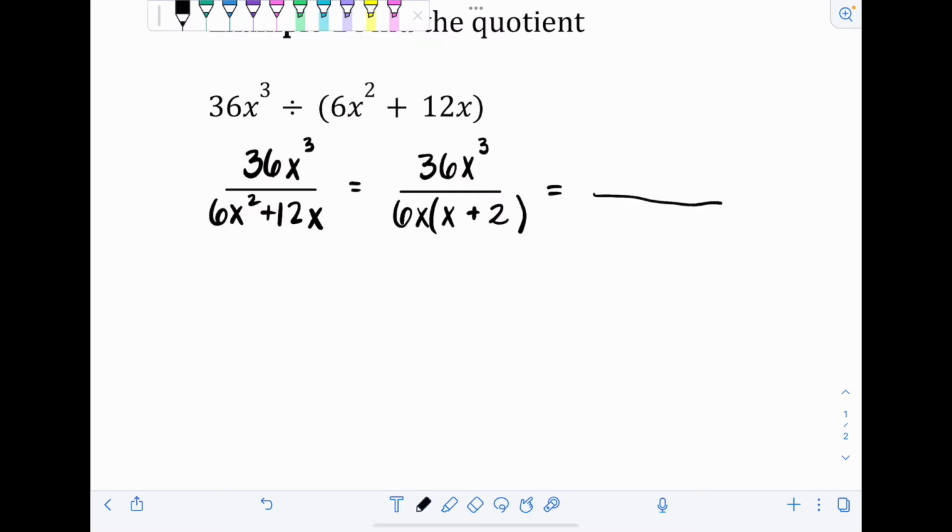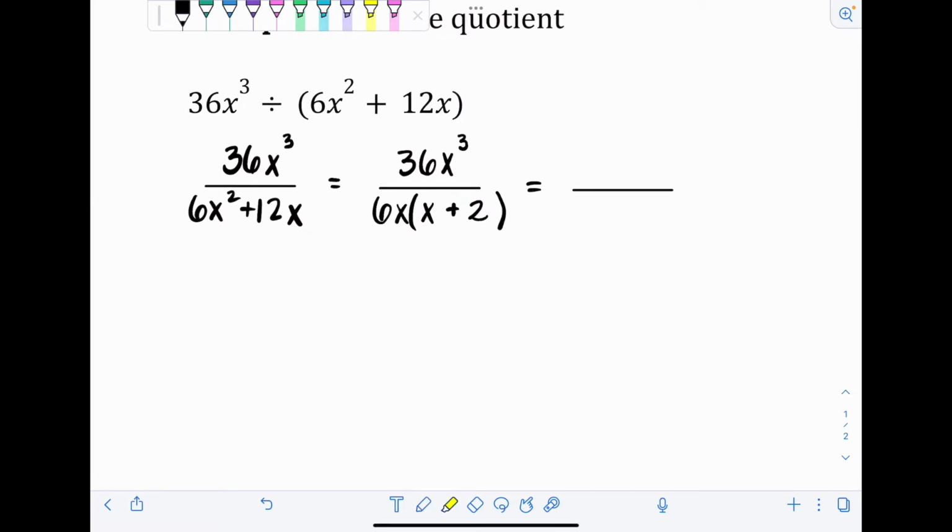So I set up my fraction bar, and then I can look at my coefficients. I have a 36 and a 6, so I can definitely reduce those. If I divide these both by 6, the 6 in the denominator would become a 1, and 36 divided by 6 would become a 6, so I still have a 6 left in the numerator. And then one of my other factors is an x. x cubed and x to the first power look like two different things, but they're both the same factor.